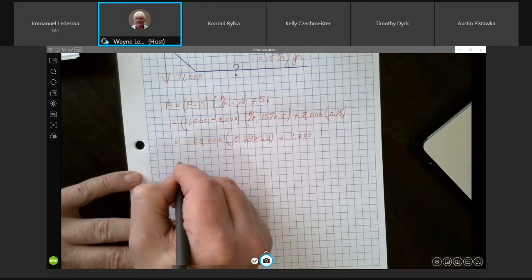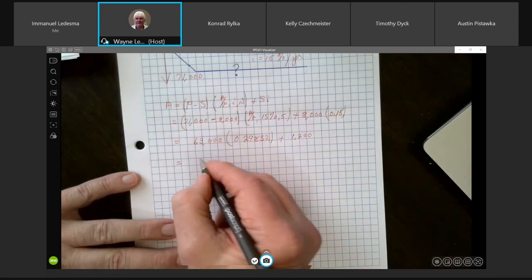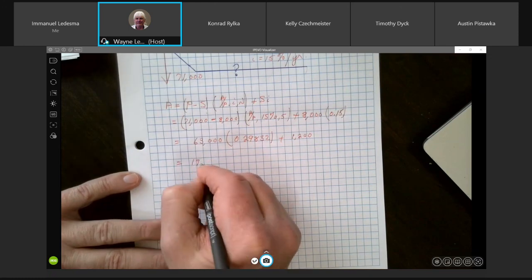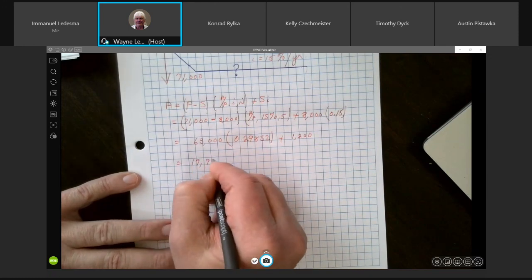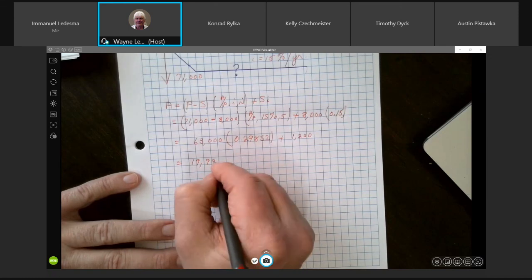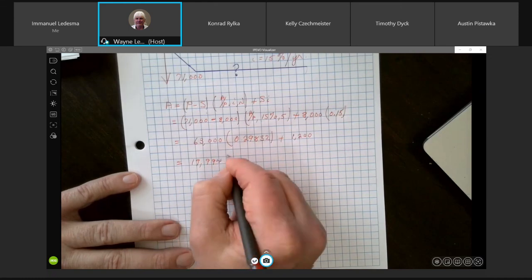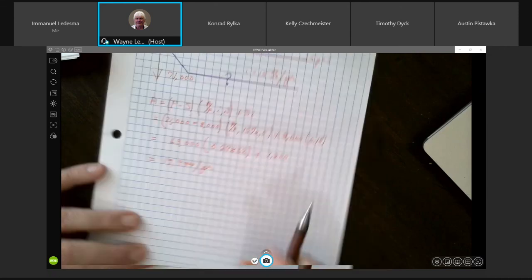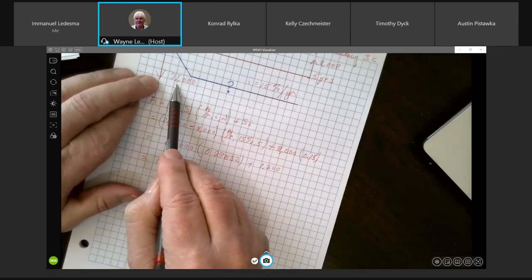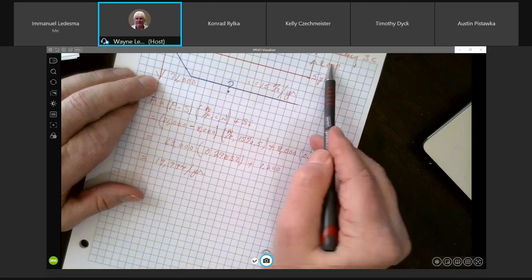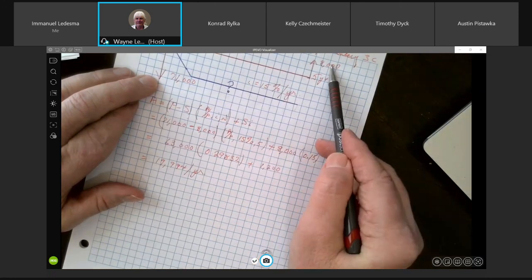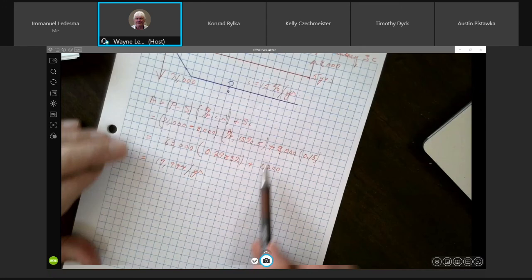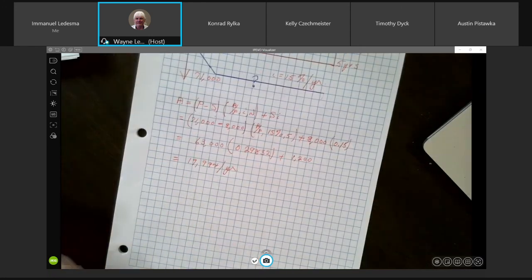And if you do that arithmetic here, you should end up with $19,994 per year. So we've converted that initial cash layout for equipment with a recovery 5 years down the future into the future is equivalent to $19,994 per year.